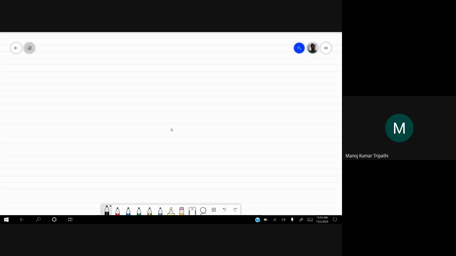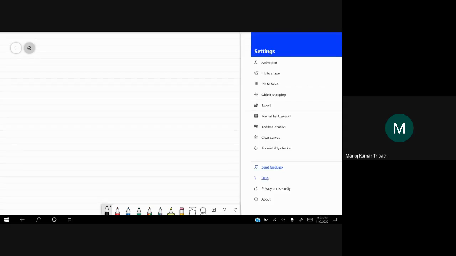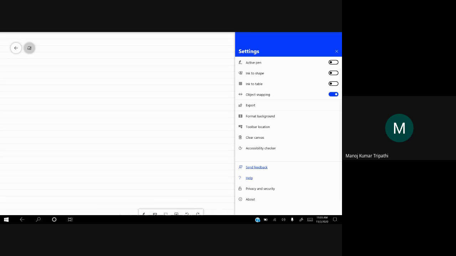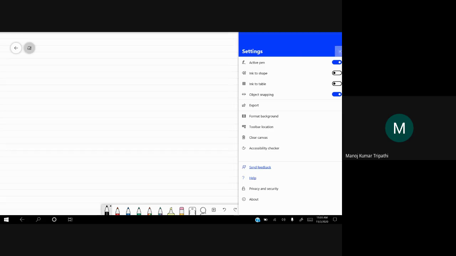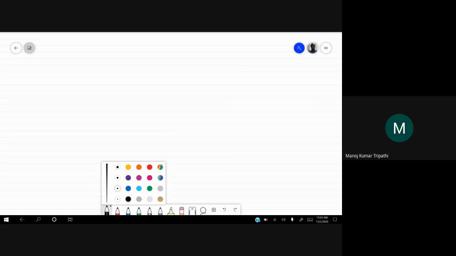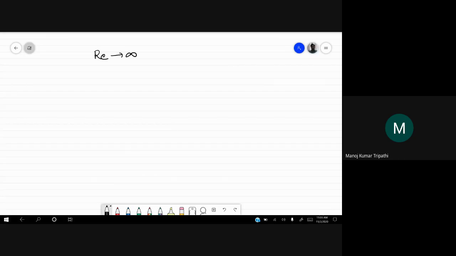So one limit was Reynolds number approaching infinity, and the other limit was Reynolds number approaching zero.